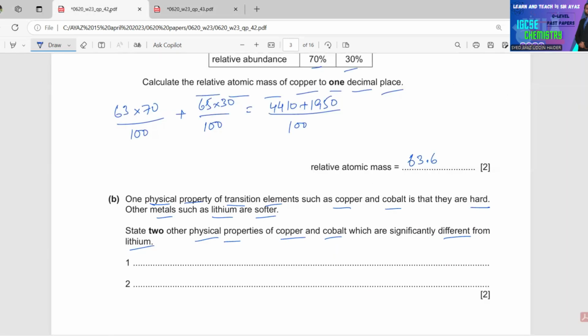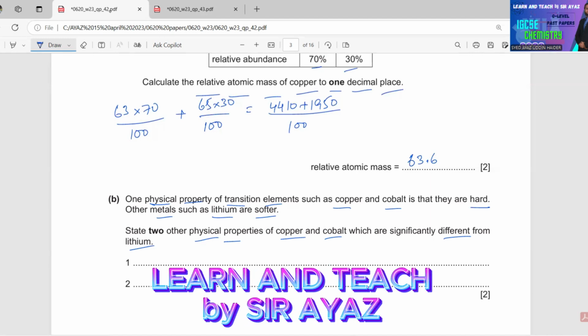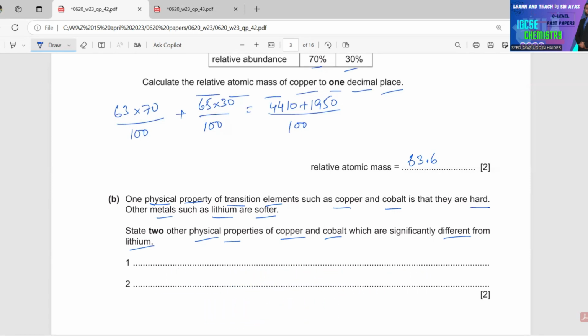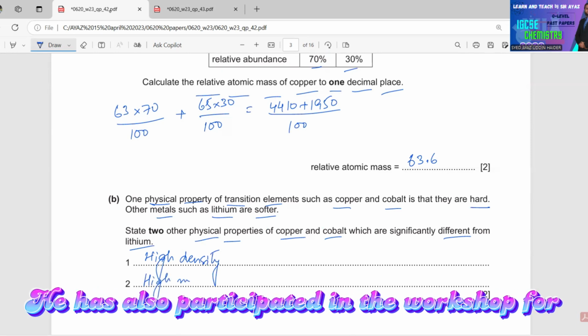So they must be softer, which is already provided, low density, low melting point. And cobalt and copper, they are transition elements, they have high melting point and high density. So I will write high density and high melting points.